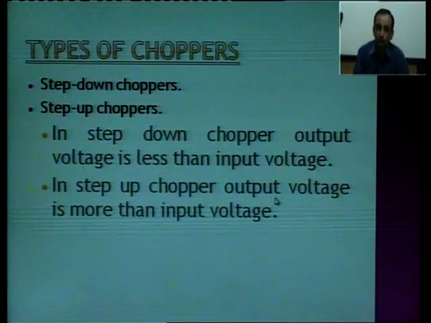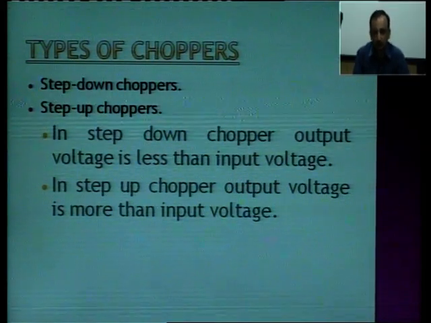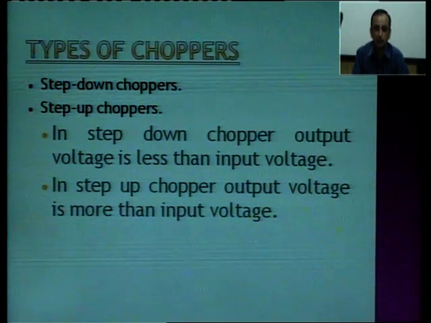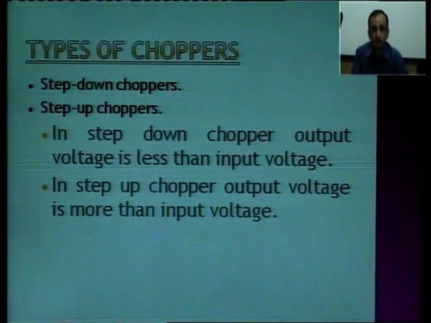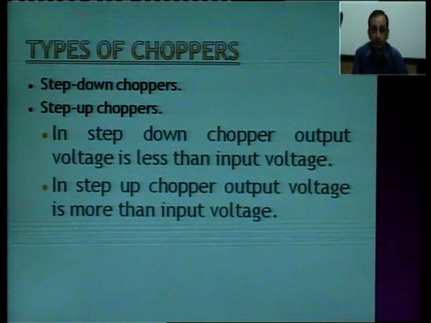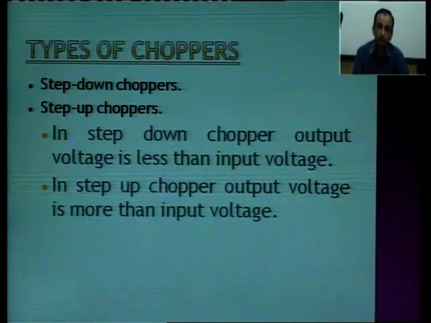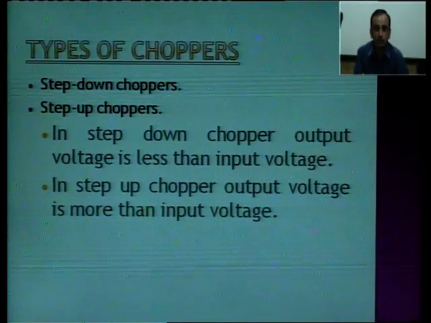Now, choppers can be classified into various types. The two basic classifications are step up chopper and step down chopper. I told you that choppers can be called the DC equivalent of AC transformers. Why? Because in AC transformers we can step up the voltage level, and we can step down the voltage level. The same is the case here.